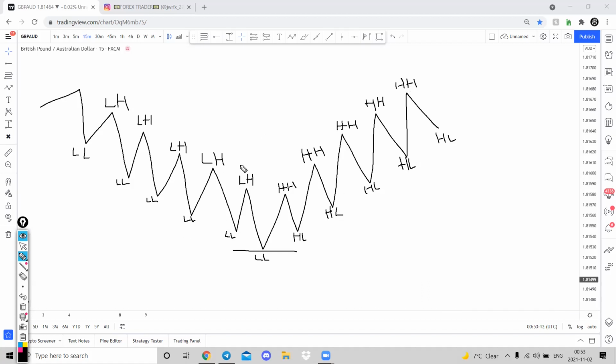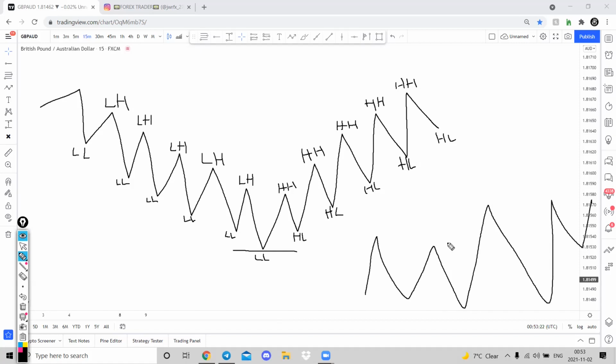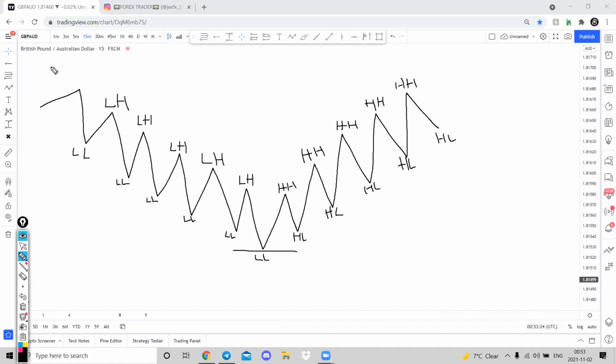This will not look like this in the charts because the market isn't perfect. In the real market, it will look something like this. The market is not perfect, but this is just an example.